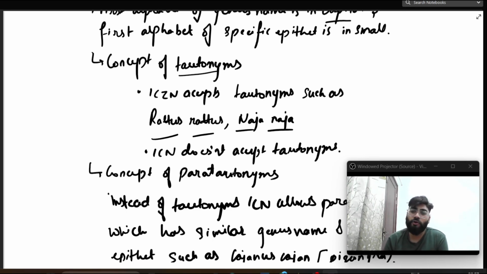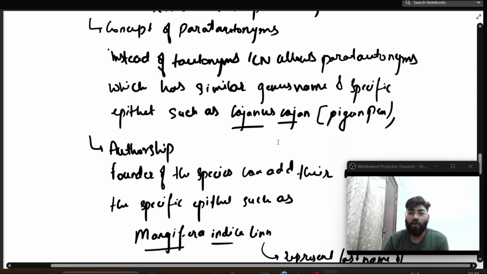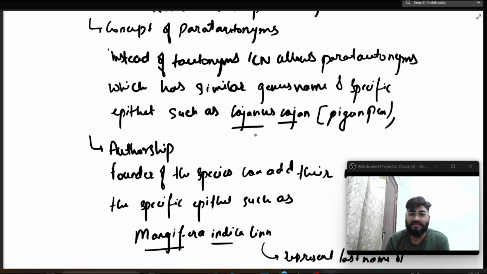But instead of tautonyms, we have paratautonyms in botany. The botanical International Code for Nomenclature allows paratautonyms, which have a similar genus name and similar specific epithet, such as Cajanus cajan, which is the scientific name of pigeon pea.